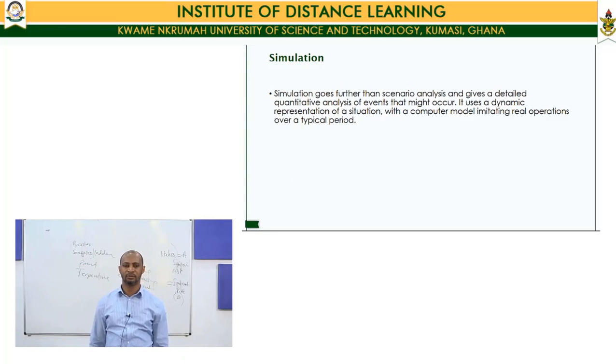Then we have simulation. Simulation goes further than scenarios because it gives a detailed quantitative analysis of the events that might occur. So I simulate. That's why in the army, when they want to look at how they can rescue a very important person, they don't do scenarios. No, they look at real life. So they get one of them to act as the most important person who has been kidnapped.